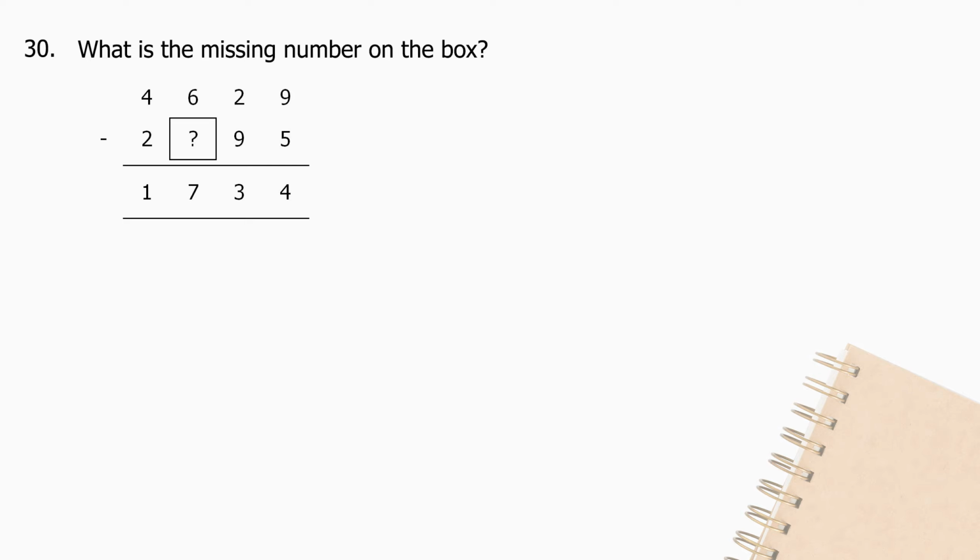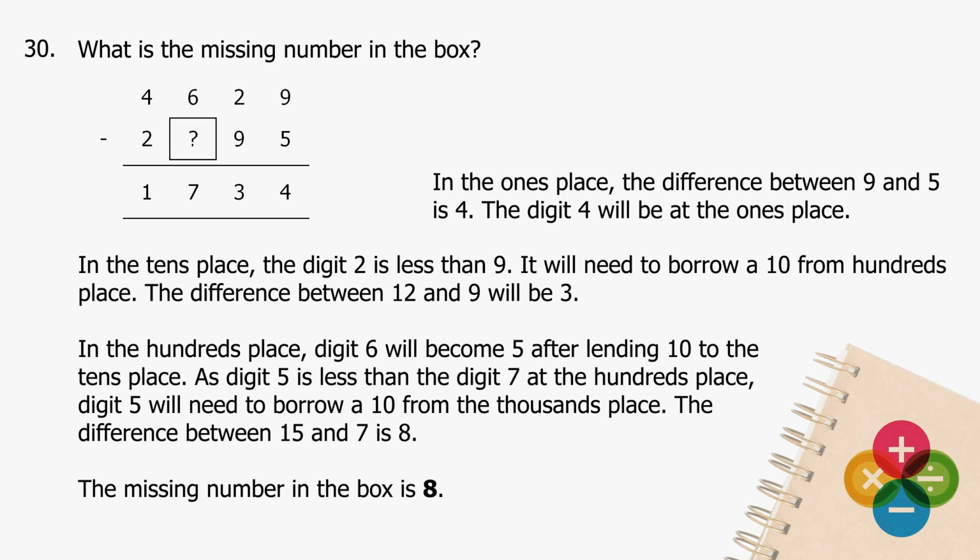Question 30. What is the missing number in the box? In the ones place, the difference between 9 and 5 is 4. The digit 4 will be at the ones place. In the tens place, the digit 2 is less than 9. It will need to borrow a 10 from hundreds place.